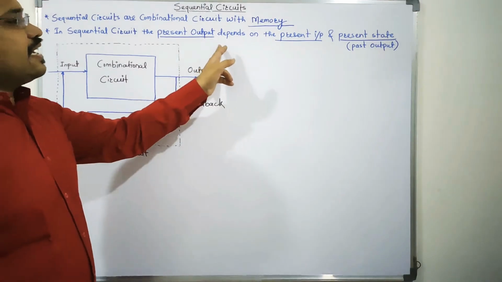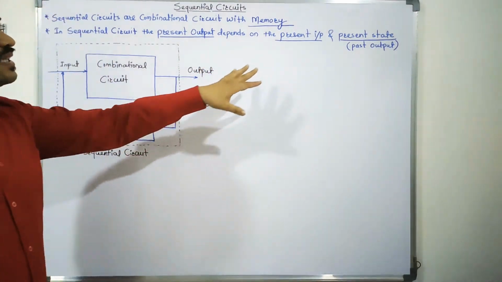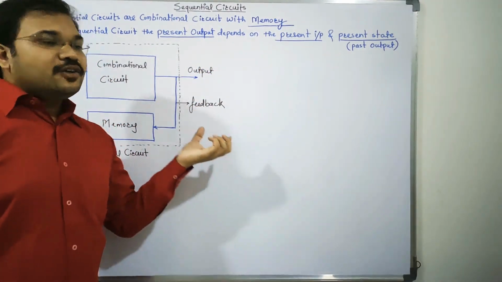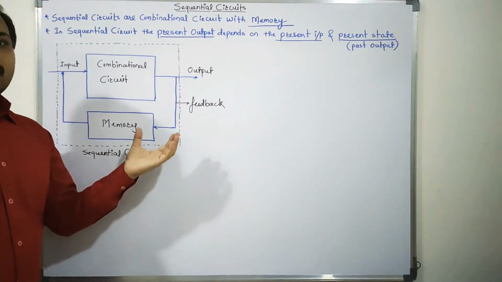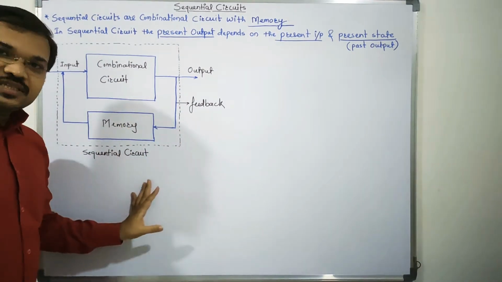Now what exactly is the present state? The present state is nothing but the information to be stored in the sequential circuit.